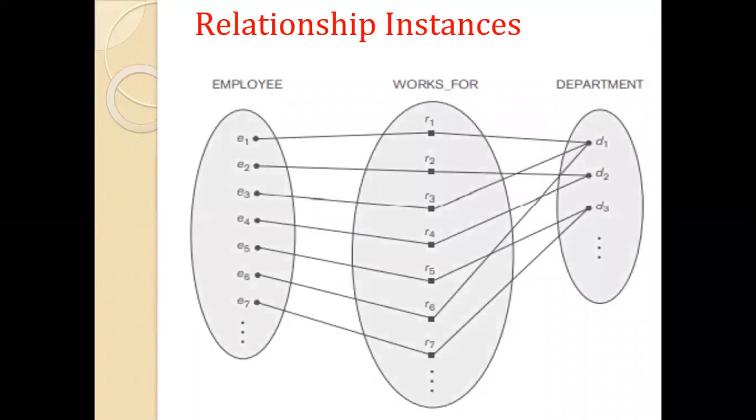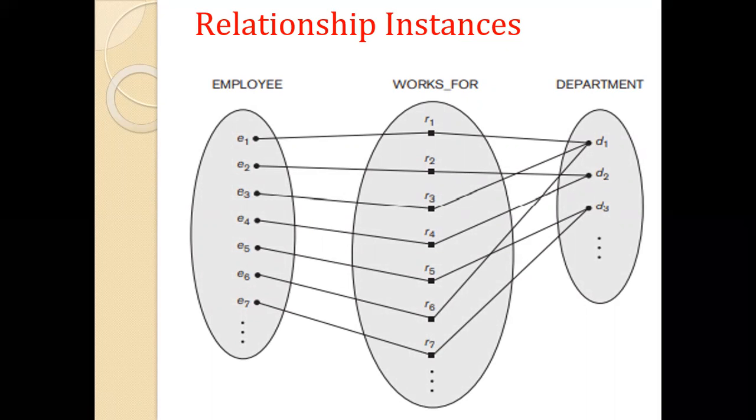Now, relationship instance. A relationship instance indicates the association of each entity with an entity of another entity type. For example, here, employee E1 works for department D1 at this moment of time.